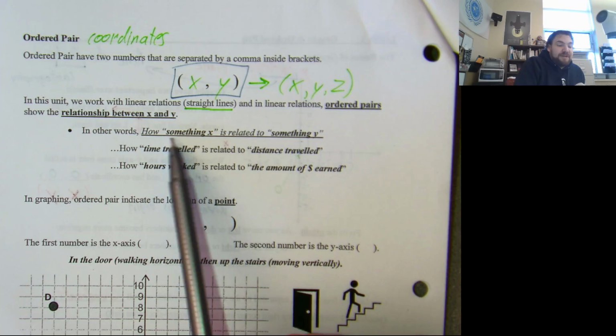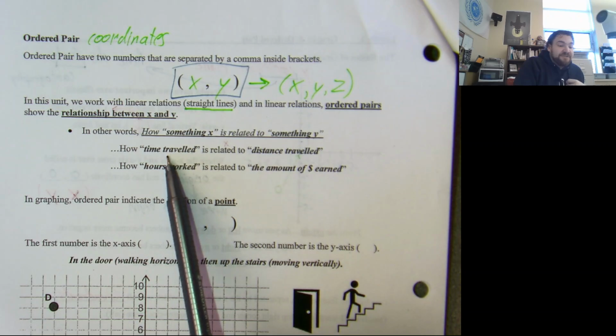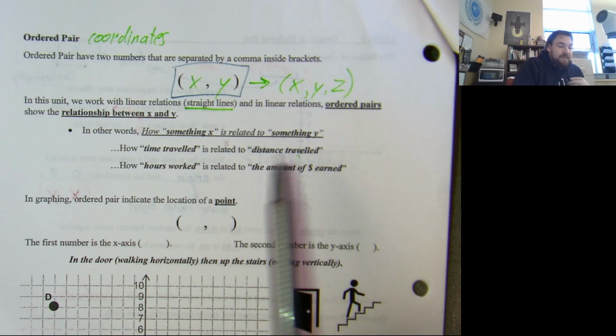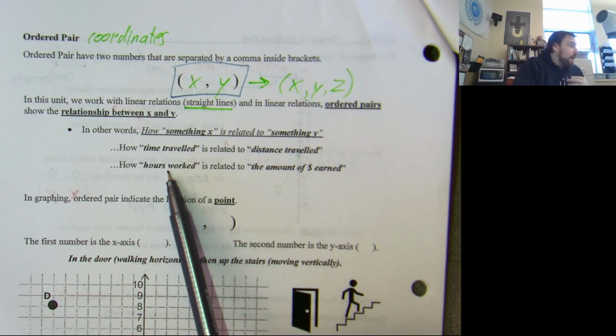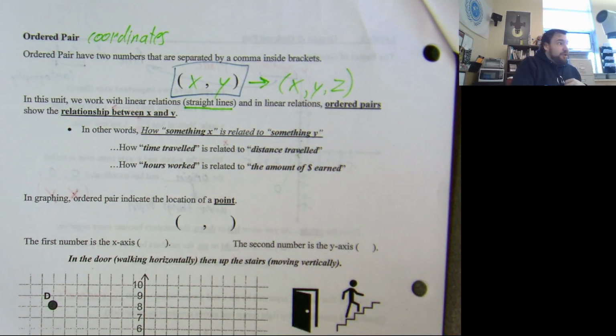In other words, how something X is related to something Y. So things like how time passes and distance traveled, or the amount of hours you work versus the amount of money that you're paid. These are all things that you can graph like this as well.